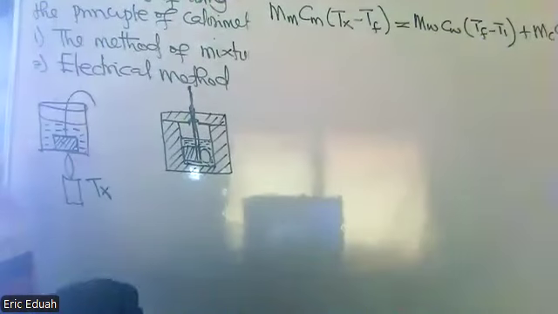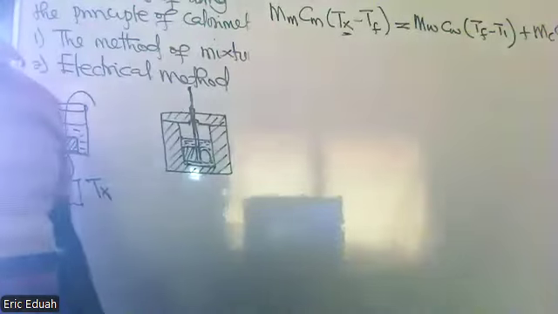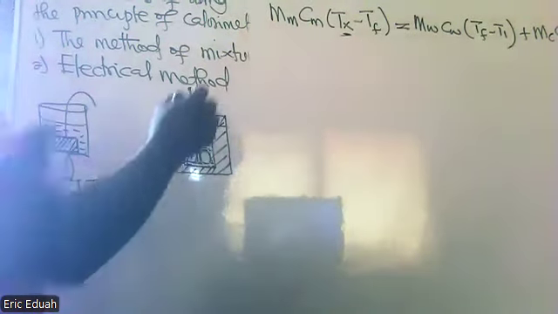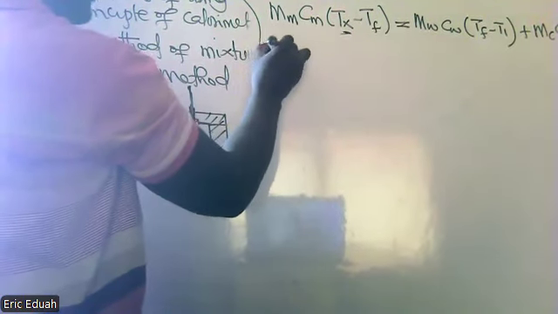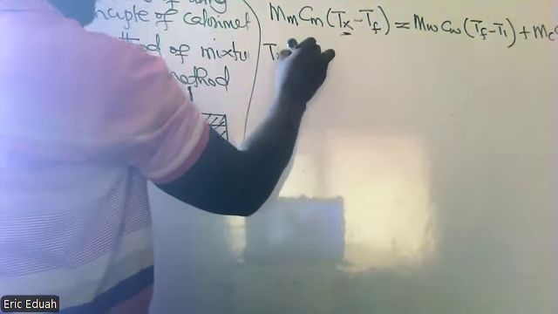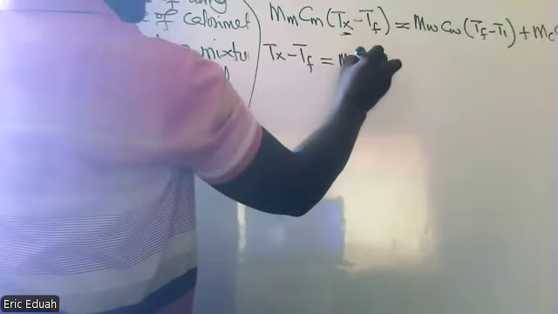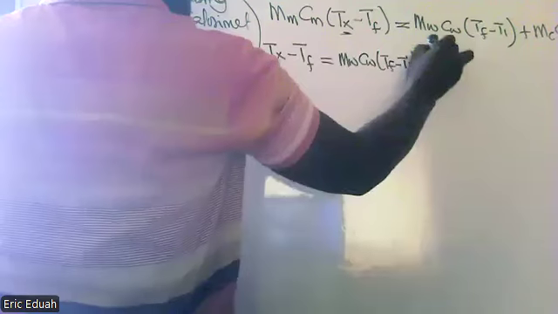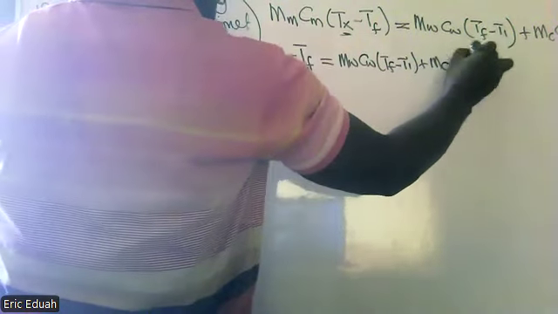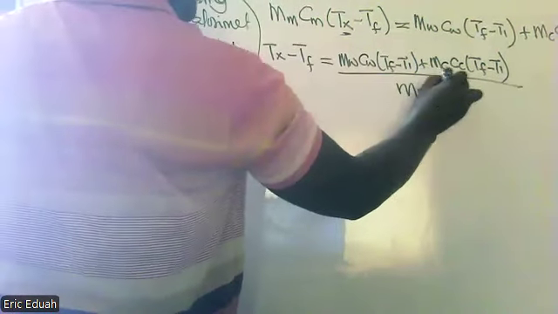This time, we are only interested in Tx, because that is what is unknown to us. So we make Tx the subject. So Tx minus Tf is equal to MW CW (Tf minus T1) plus MC CC (Tf minus T1), all divided by MM CM.